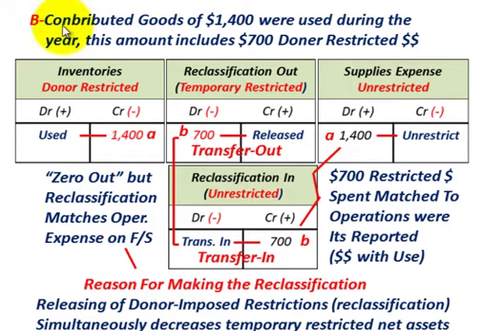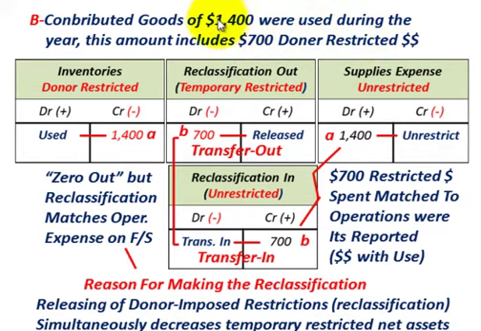Say, for example, some contributed inventory goods of $1,400 were used during the year. So these goods were contributed. There was some stipulation on how these goods, or these inventories, and we classify them as inventories, should be spent. And of the $1,400, this amount included $700 worth of donor restricted funds.